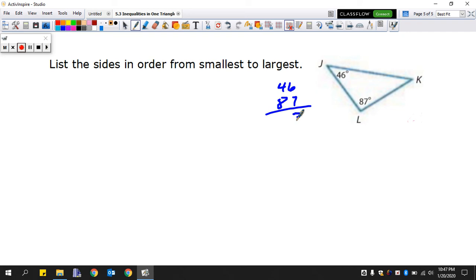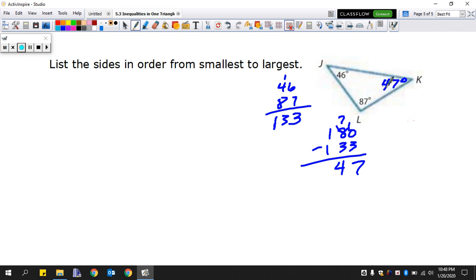Carry the 1. 12, 13, 133. And then we take 180 minus 133. So that's a 7 and a 4. So this angle over here is 47.